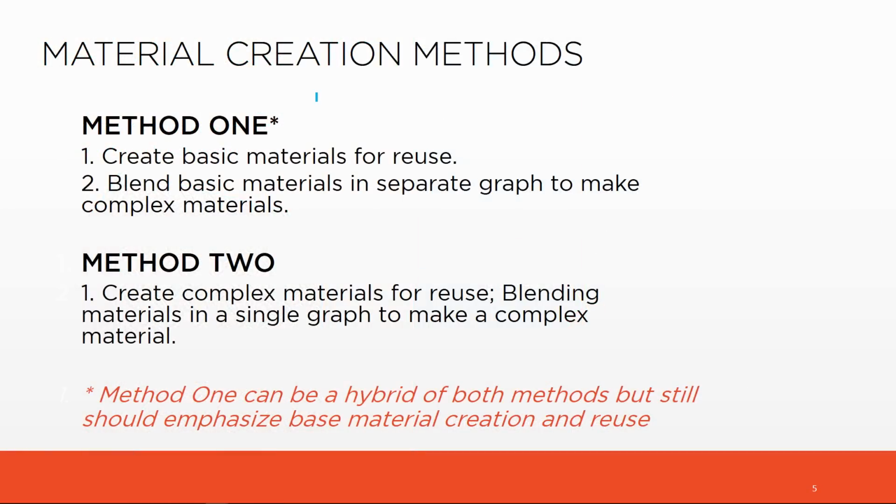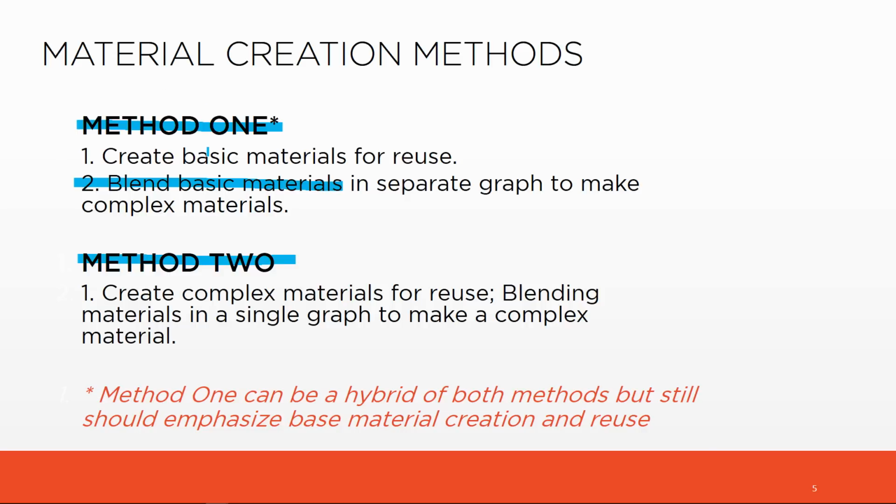This brings us to our material creation methods. Method 1, we are going to create basic materials that are designed to be reused. We are then going to blend these basic materials in a separate graph to make complex materials. With method 2, we would create complex materials for reuse, where we would be blending materials in a single graph to make a complex material.